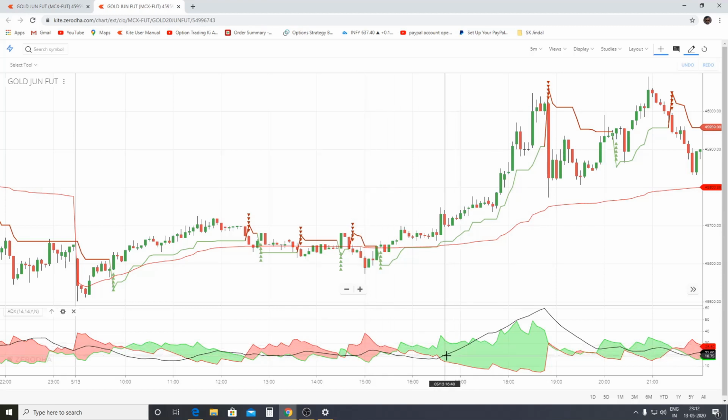A few things I would like you to note about ADX: when ADX is less than 20, it is interpreted as a weak trend or consolidation. If ADX is rising from 15 to 25, that is from lower levels to higher levels, it means that the trend is strengthening.